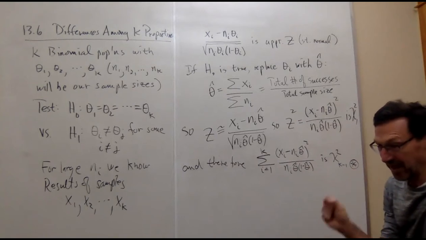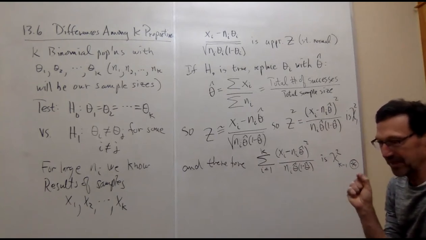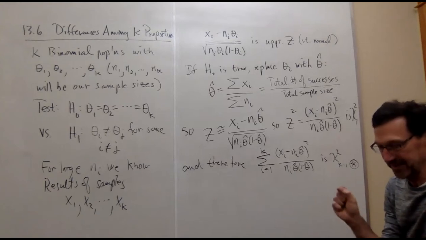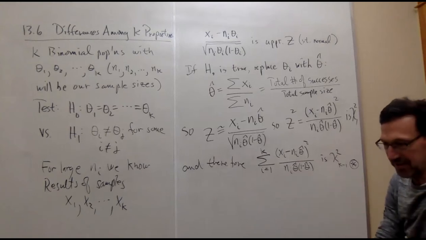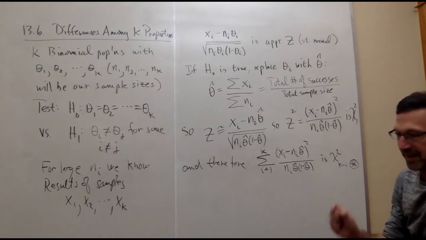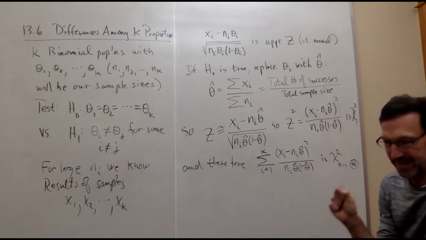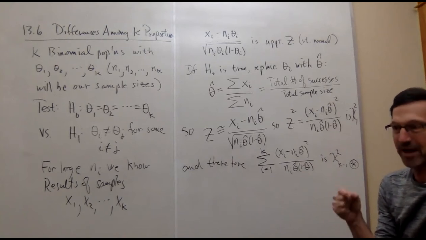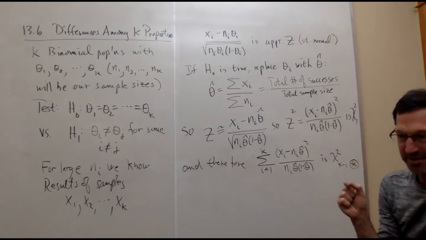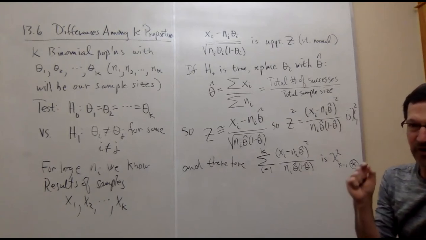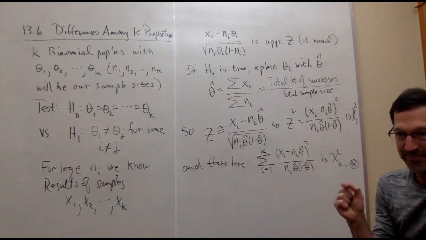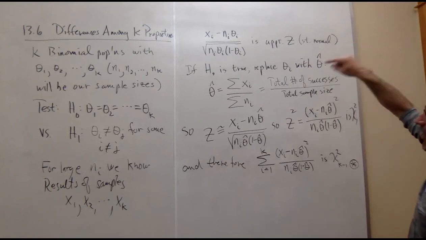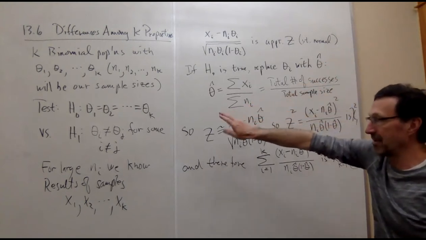Basically the concept, and we don't have proof of this, we're just going to believe it, is that when I replace a parameter with an estimate in the background of a chi-square or F distribution, using an estimate instead of a parameter adds more variability. The way we compensate is to reduce the degrees of freedom by 1 for every parameter that we're estimating. Here we're only estimating 1, and that is the common value of theta.